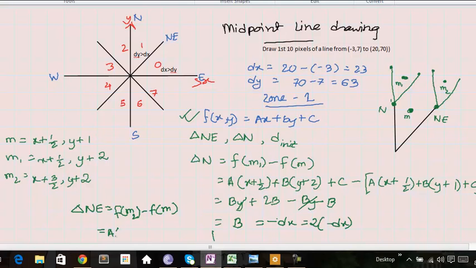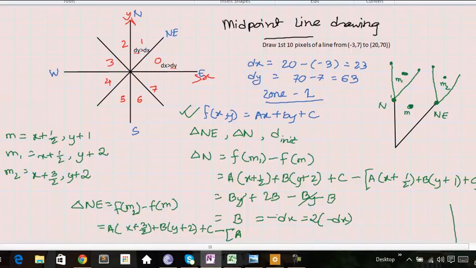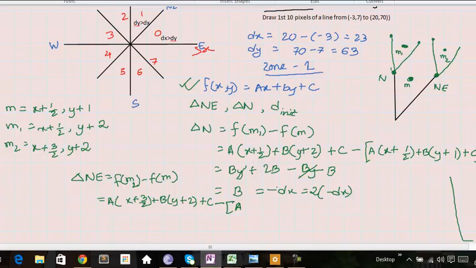So a(x plus 3 by 2) plus b(y plus 2) plus c, minus a(x plus half) plus b(y plus 1) plus c.